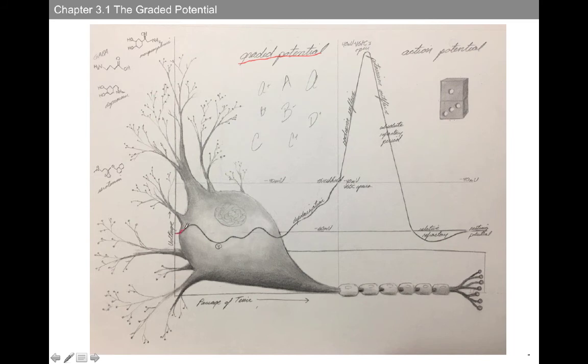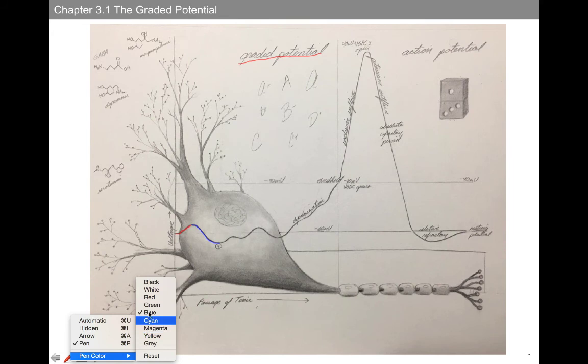Here we have depolarization. Then we have hyperpolarization when the charge becomes more negative. And whenever the charge is becoming more positive, again, we have depolarization.